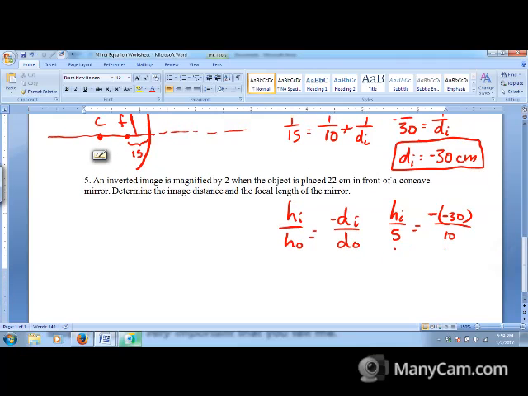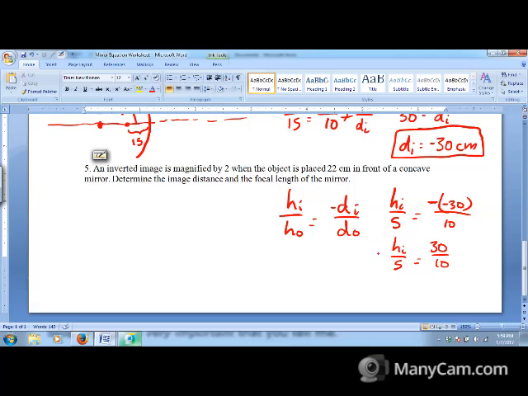So I'll go ahead and do this one for you. The negatives cancel out, as I said before, and you get 30 over 10, which reduces to 3. So however you choose to do this, I would multiply both sides by 5. So the 5's cancel.